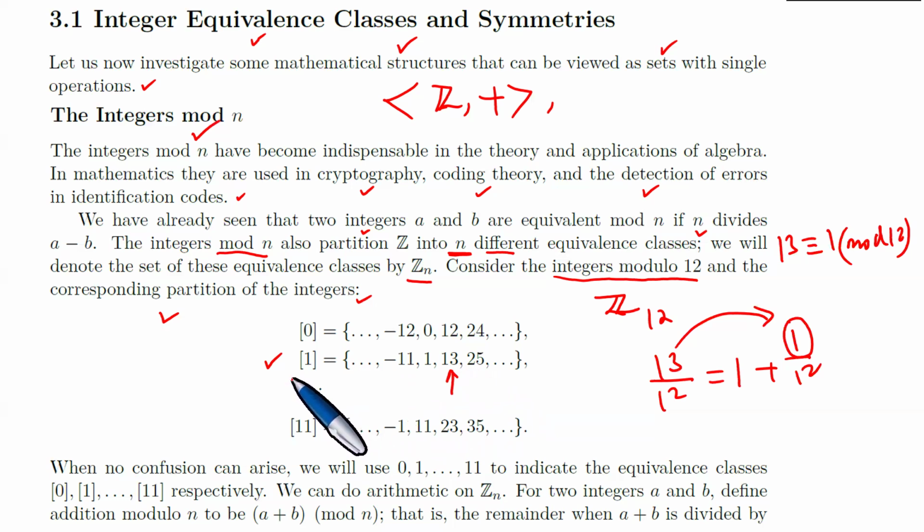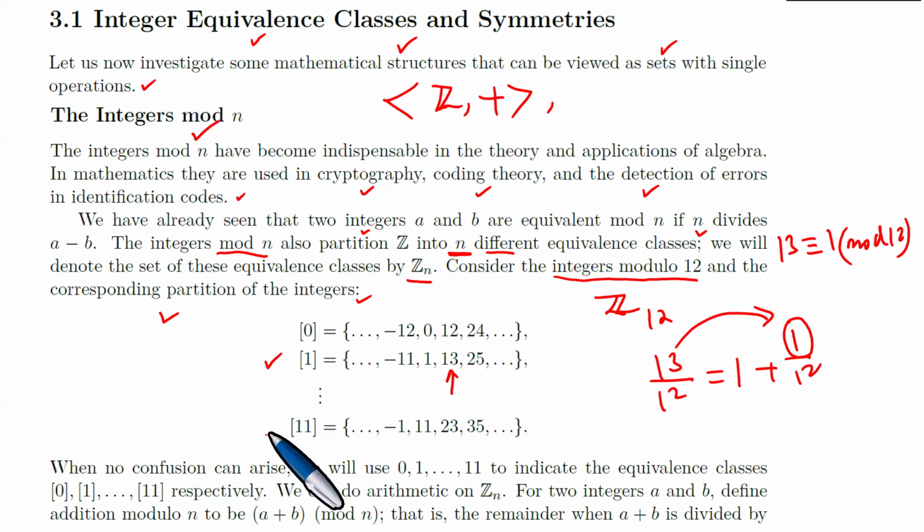You can look at the 12 and subtract 11 from it and you get 1. And also here you can subtract the largest multiples of 12. Here, 13, you can subtract 12 and you get 1. And from 25, you can subtract 24. You get 1 and so on. And this continues to 11.